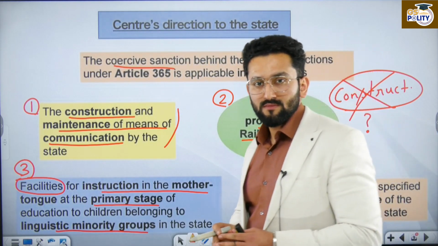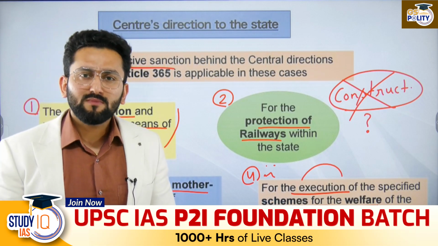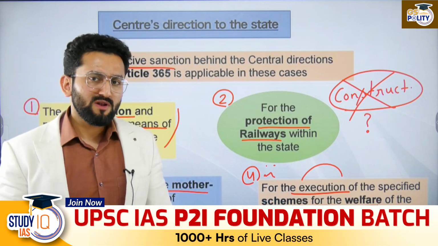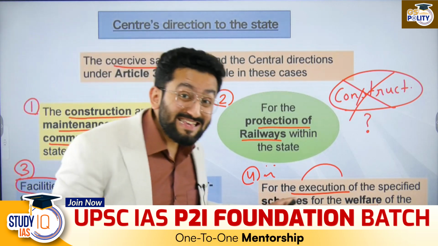No. Because the state government will say, why are you not making the scheme? You have a dedicated Ministry for Tribal Affairs. You can make the scheme. Why don't you? So here the word is execution.